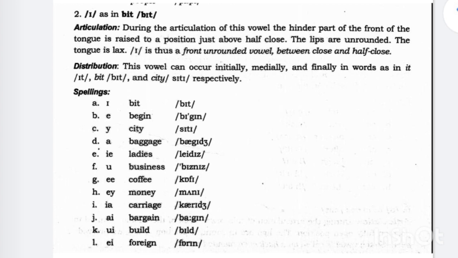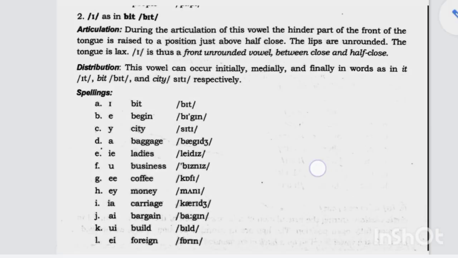Now, what do you mean by that? During the articulation of this vowel, bit, the hinder, what is hinder? Hinder means back. So, the hinder part of the front of the tongue. It is the front of the tongue, but a bit towards the back position of the front of the tongue, and it is raised to a position just above half close.